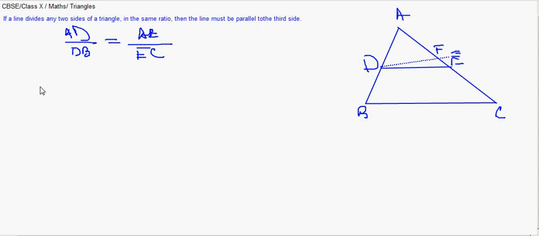In that case, from the basic proportionality theorem, AD by DB should be equal to AF by FC. But it is given AD by DB is equal to AE by EC. From these two, the right sides should be equal, that is AE by EC should be equal to AF by FC.